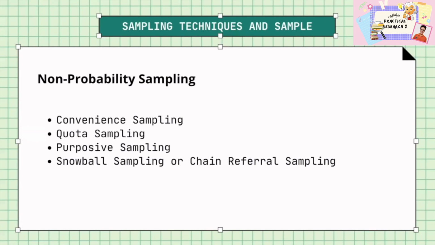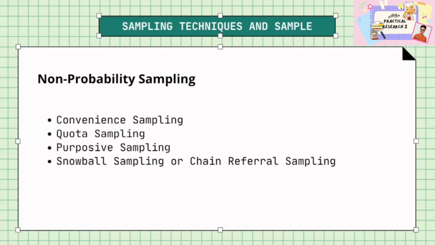Okay. For snowball sampling or chain referral sampling, this is used when, for example, you are having a hard time looking for or determining if, for instance, your respondent is really a part of the LGBT community.